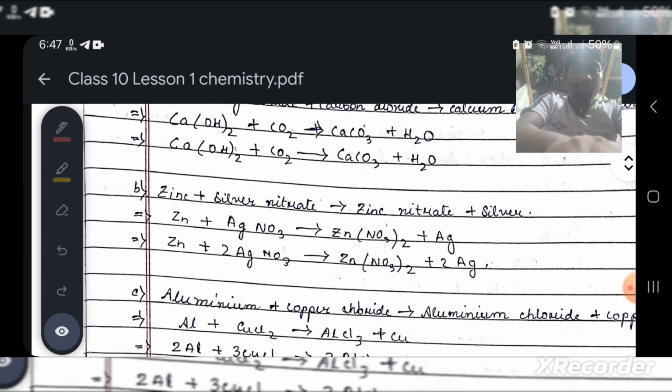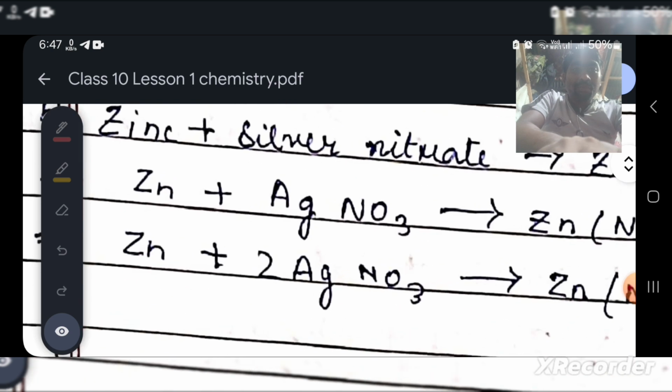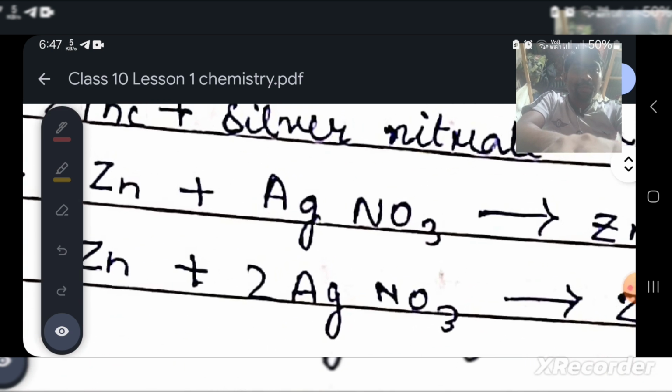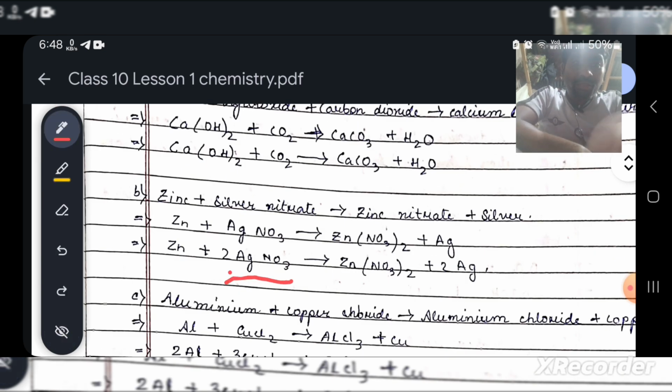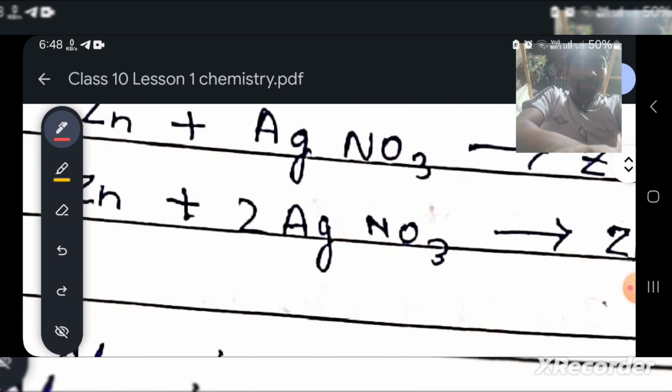So we put this 2 here along with the AgNO3, to make NO3 two times. Now NO3 becomes equal on both sides, but the Ag in the reactant side becomes 2 Ag.